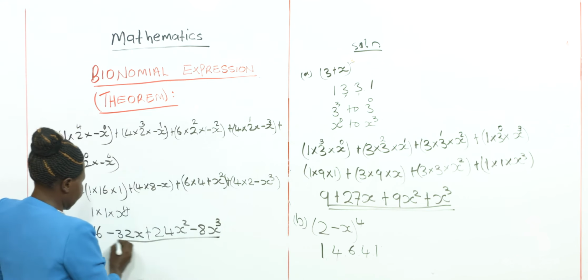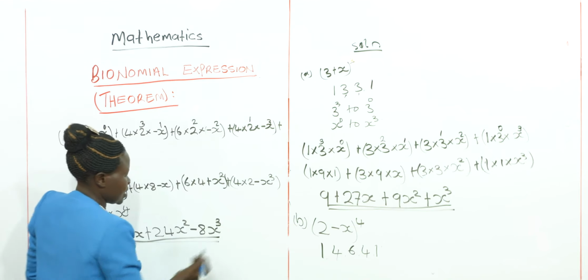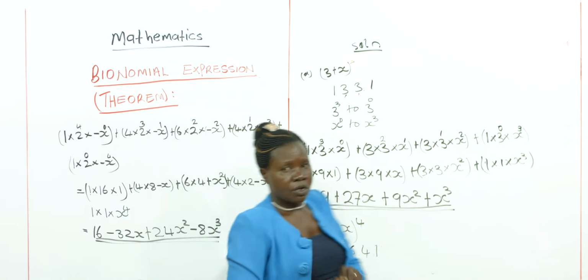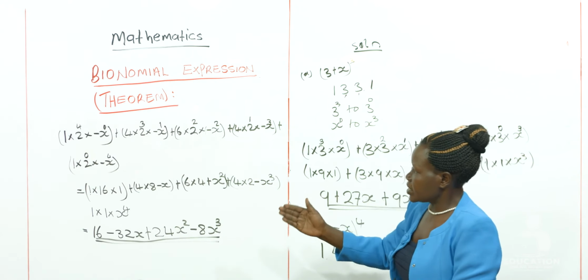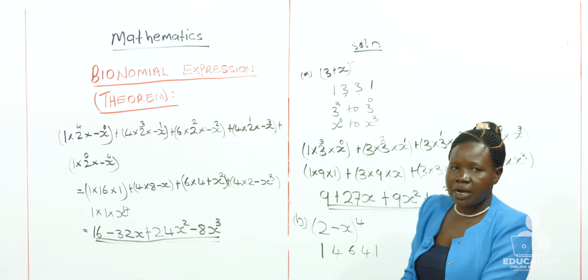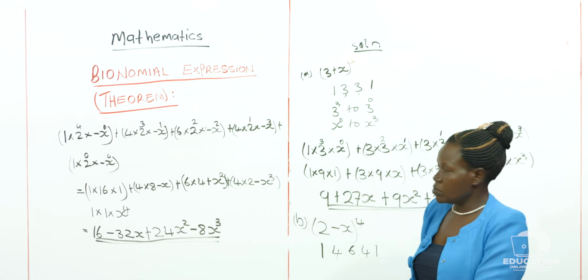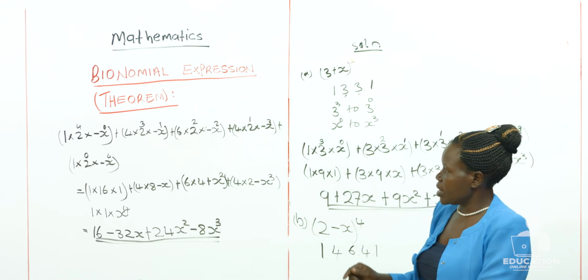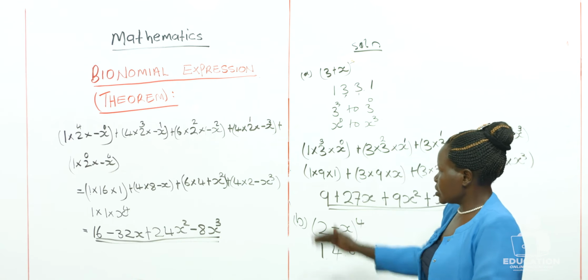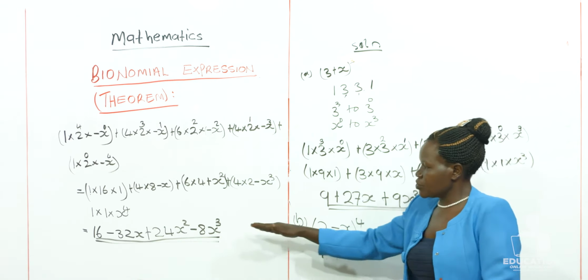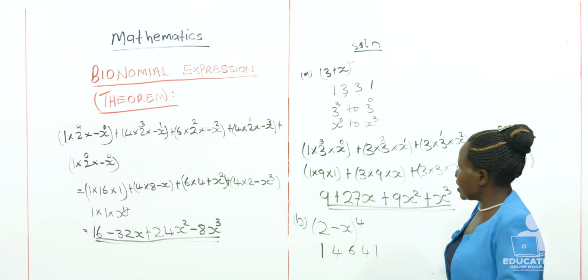So dear learners, that is how we expand using the Pascal triangle. So what I wanted you to know here is that when x is raised to any even number, the answer will be positive. And when it is raised to any odd number, if it is negative, it remains negative. So that is the difference I wanted you to see between example 1 and part B.